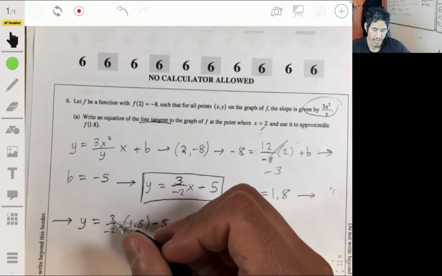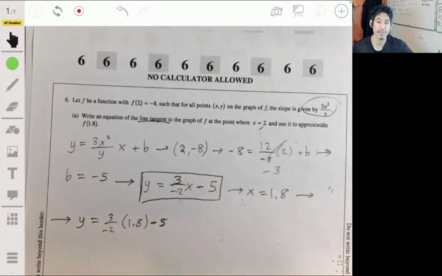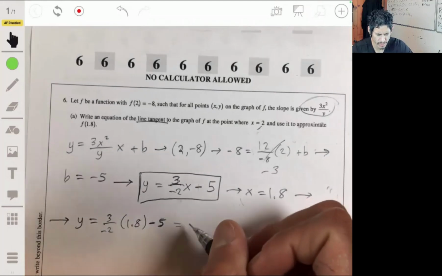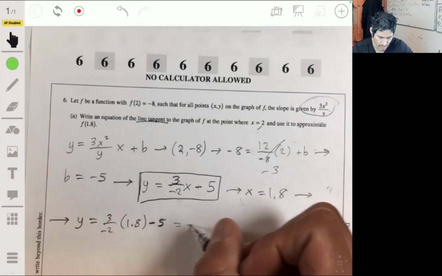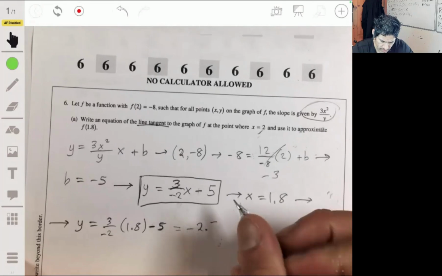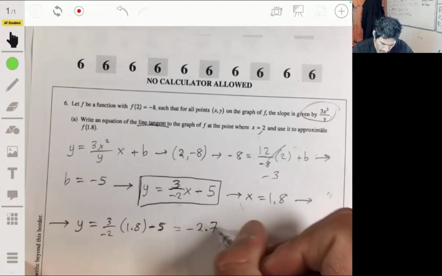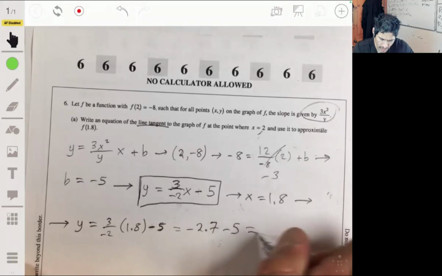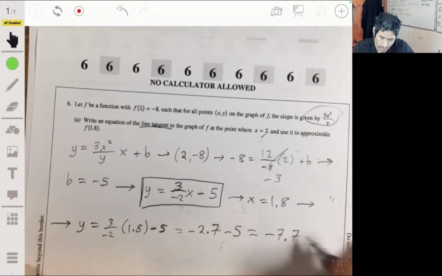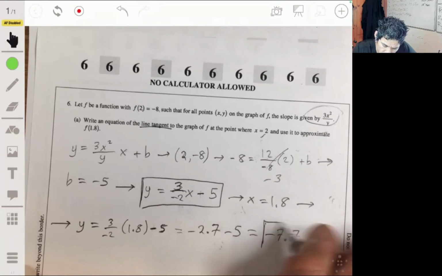Okay, so 3/2, so 1.5, 1.5 times 1.8, so 2.7, -2.7. -2.7 minus 5 will get -7.7. All right, and that's our answer.